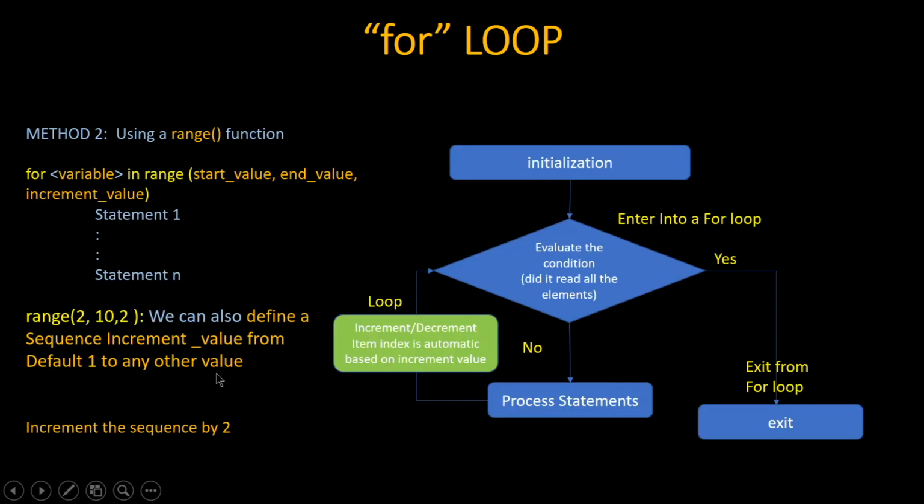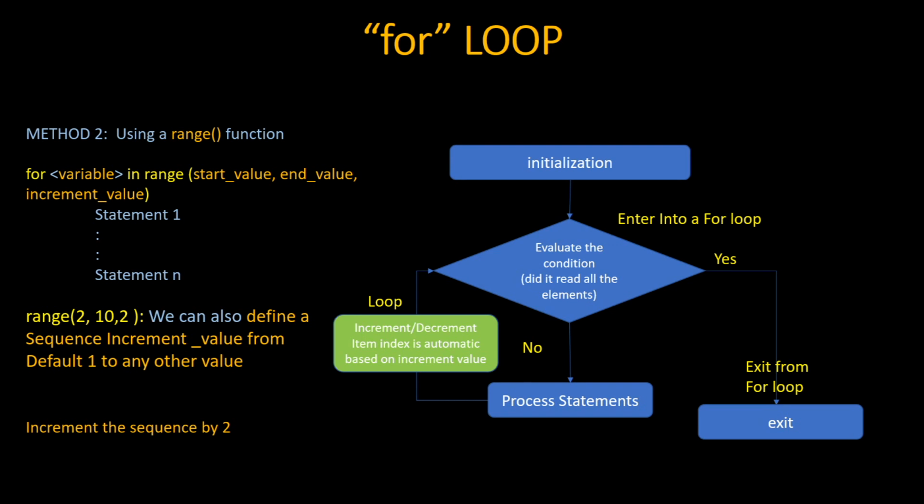So how do we define a sequence incrementation value? As we have discussed before, the incrementation or decrementation of the item index is automatic, right? But how can we control that incrementation value? We can control it like this.